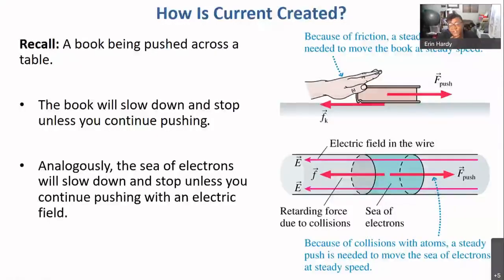Here, if you have charges that are arranged unevenly on the outside of a wire, an internal electric field will arise. It will go from 0 to non-zero.